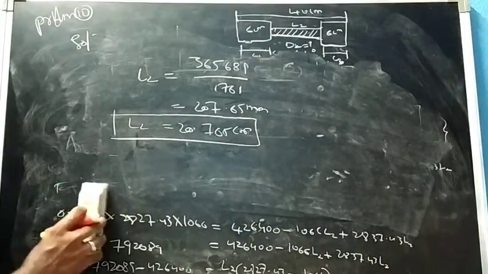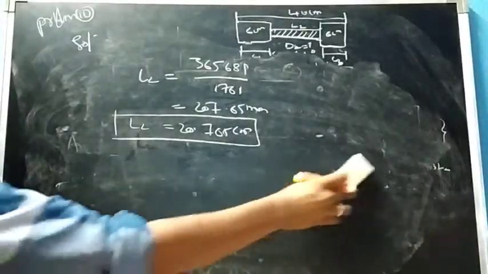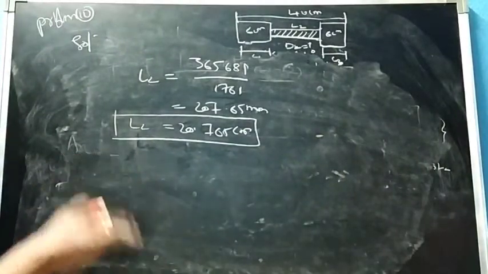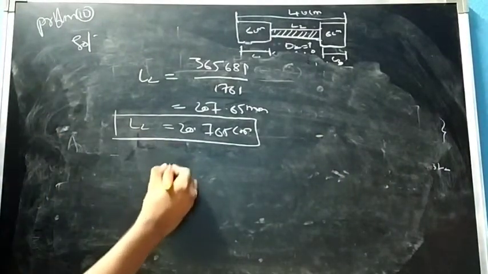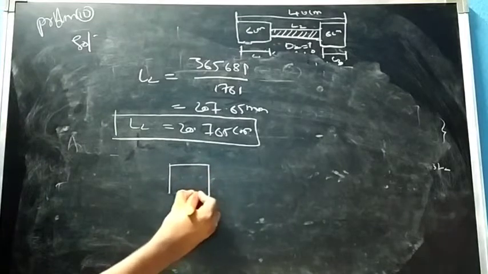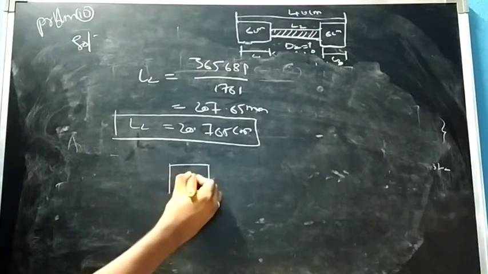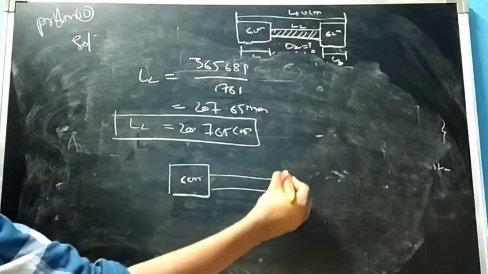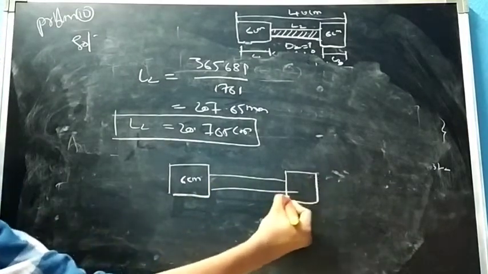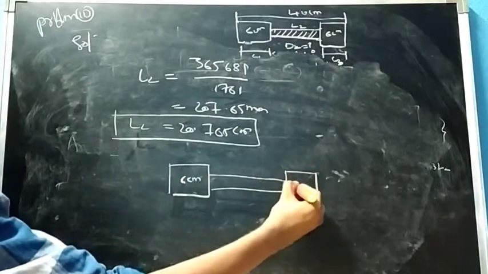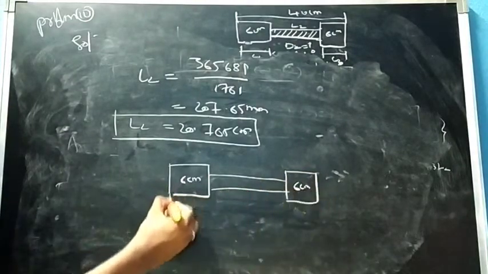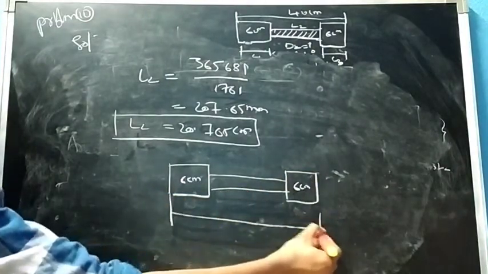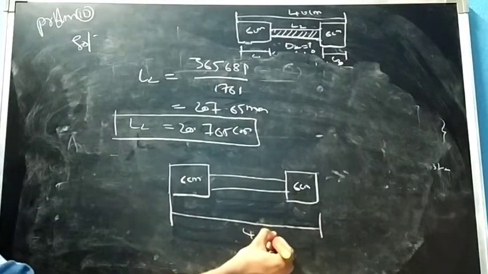So once we put the values, it's better to draw again from the exam point of view and mention all the values. This is 6 centimeters there, and the total length is given, that is 40 centimeters.